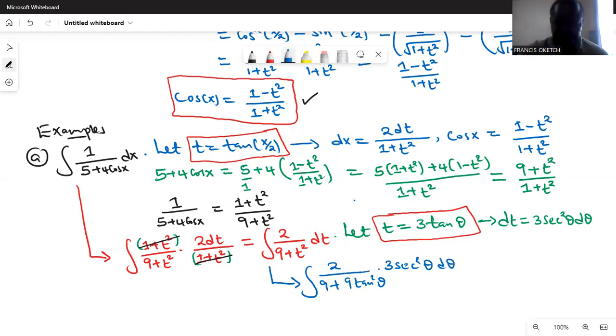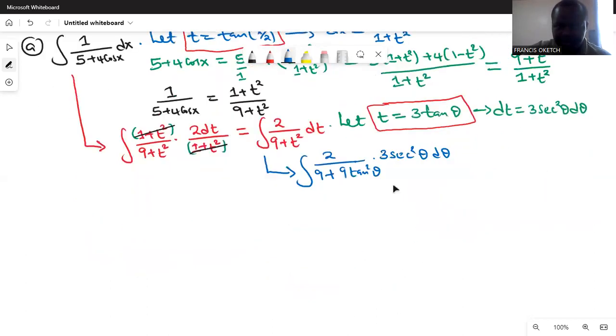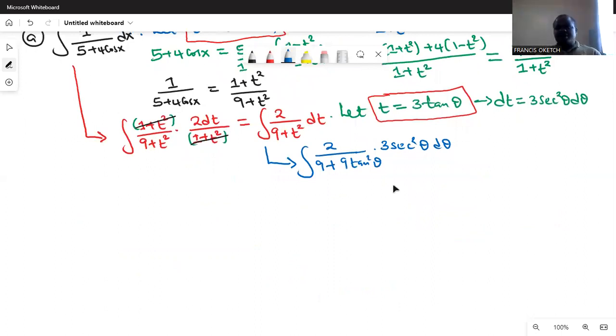And this integral can be simplified further. If I simplify, I get the integral of, numerator, you can see the 6 sec squared theta d theta. Denominator, I can see there's 9 outside into 1 plus tan squared theta.